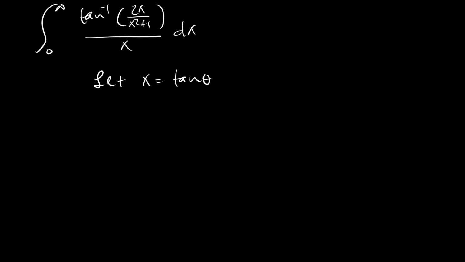What does that mean? It means that dx d theta is equal to sec squared theta, and so we can substitute for dx with sec squared theta d theta.